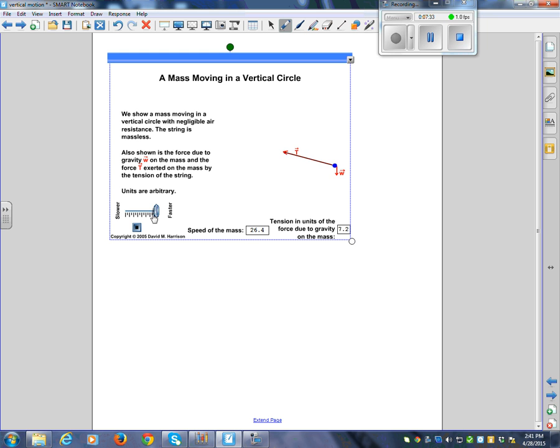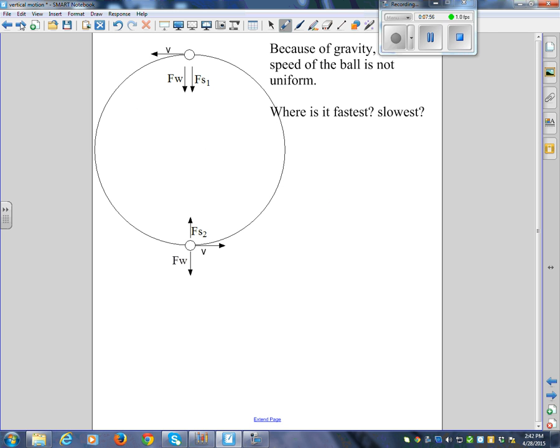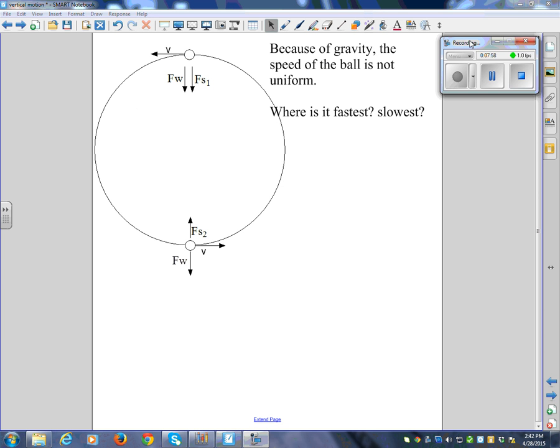Okay, and if I go down low, there's probably some magical speed where the tension is almost 0. How about if I go right to the bottom there? There, oh, actually, yeah, it disappeared, right? Okay, I think I've given you the basic idea.